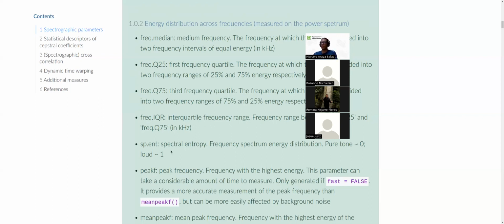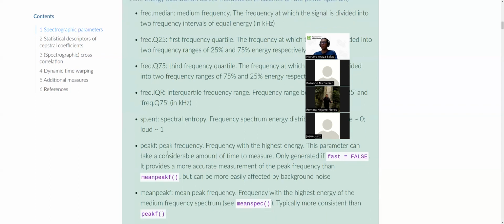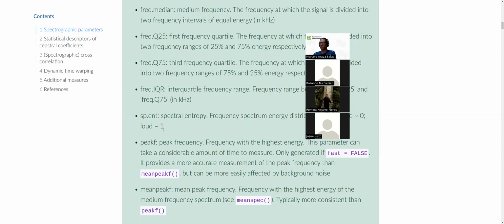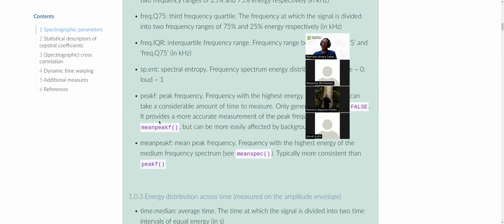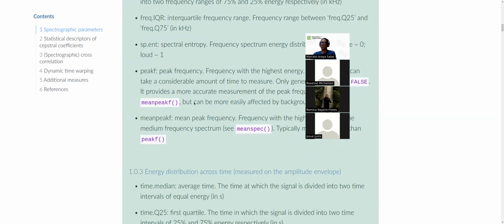And some more specific and more common in bioacoustics, like spectral entropy, related to whether most of the energy is concentrated in a single region in the spectrum or not, in which a pure tone will be close to 0 and something very noisy close to 1. Then peak frequency, the frequency with the highest energy in the spectrum.